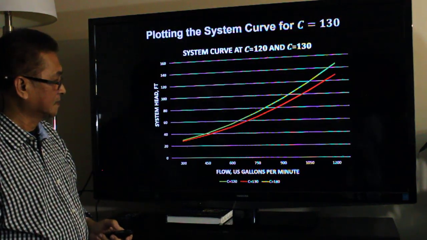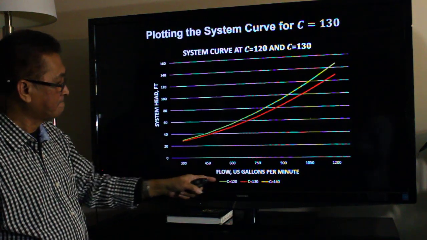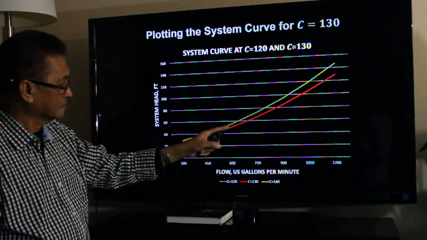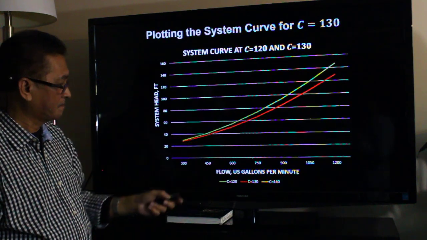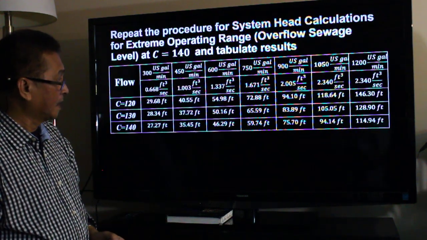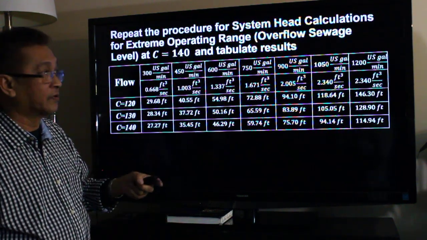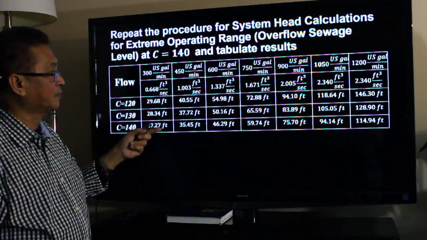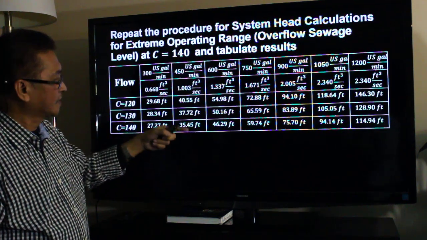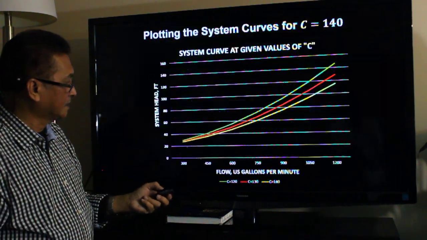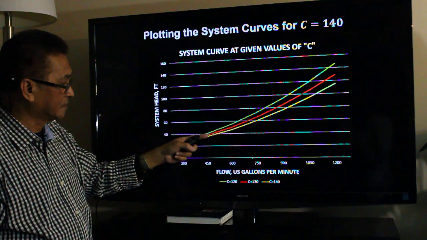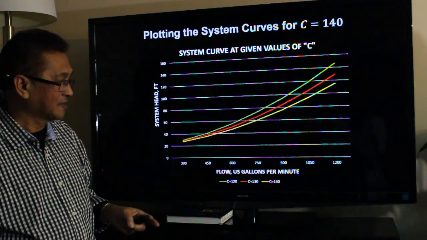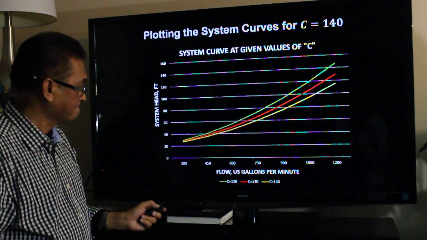And if you plot it in red, this will be the result here, the red curve. And we repeat the procedure for overflow sewage level at C equals 140, and we will tabulate the results here, same procedure, and the results will be the curve in yellow, C equals 140.